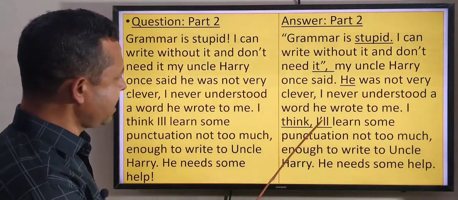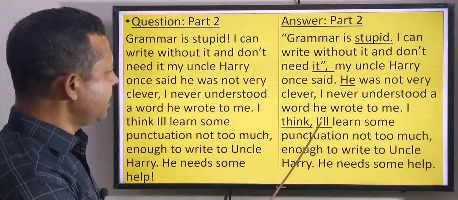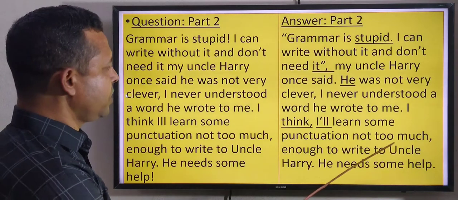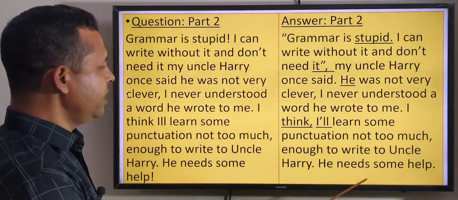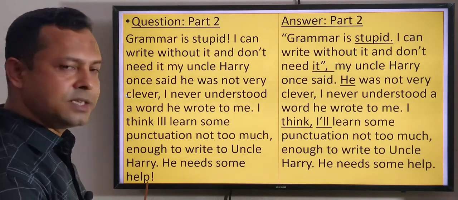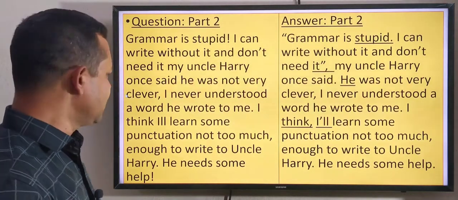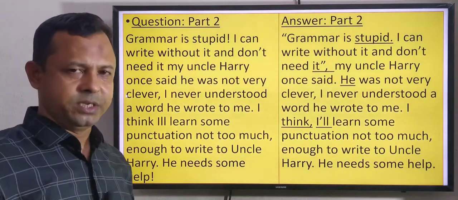I have made another correction here: I'll should be a contraction, and I have underlined the correction. Learn some punctuation, not too much, enough to write to Uncle Harry. He needs some help. Here it is an exclamation mark, which is not correct. So I have replaced the exclamation mark with a period.